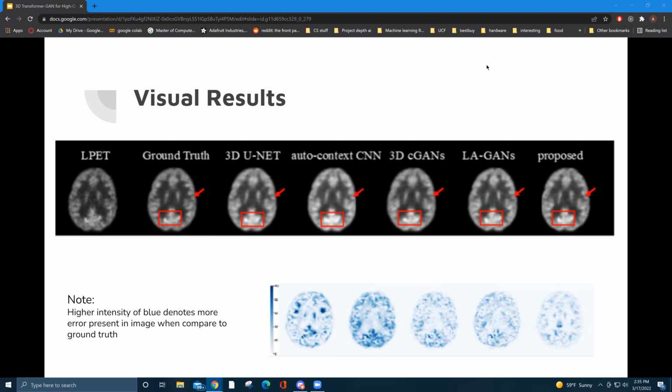So they want to use a low dose PET scan, and hopefully use machine learning or an image processing technique to enhance the image, so that it can achieve at least the same quality as the full dose PET.